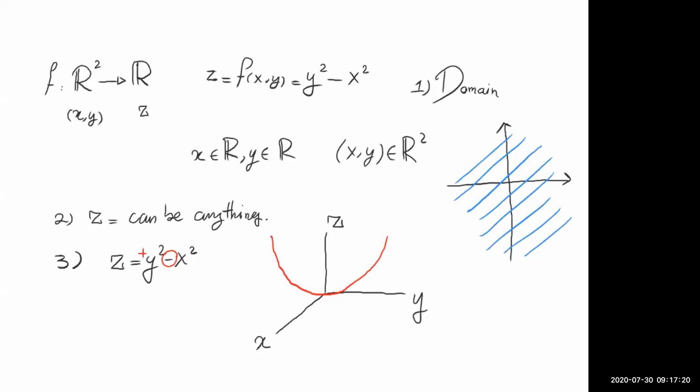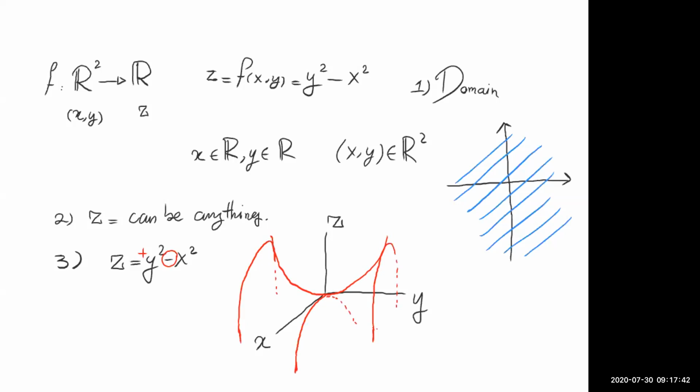In the direction of x, it's like this. And the saddle looks like this. This is how this saddle looks. So this is the graph of this function.